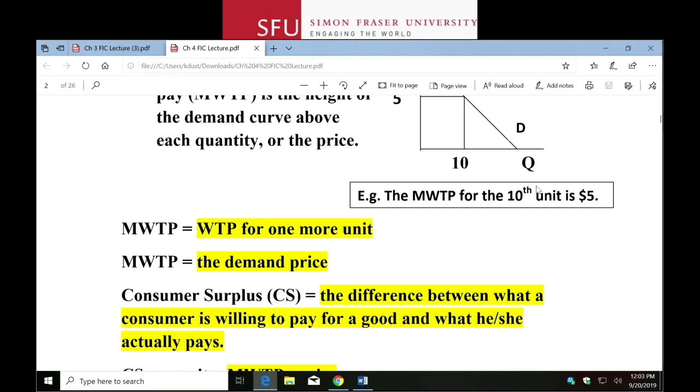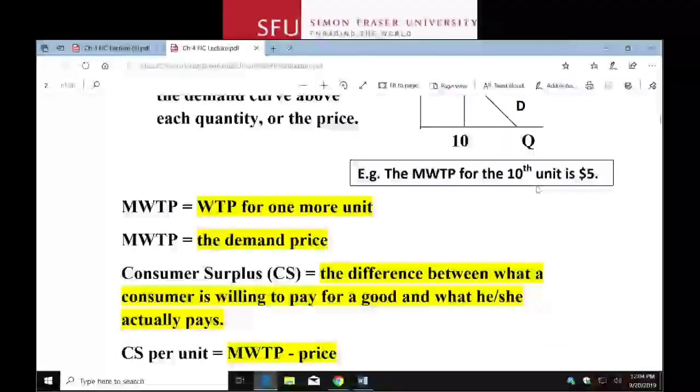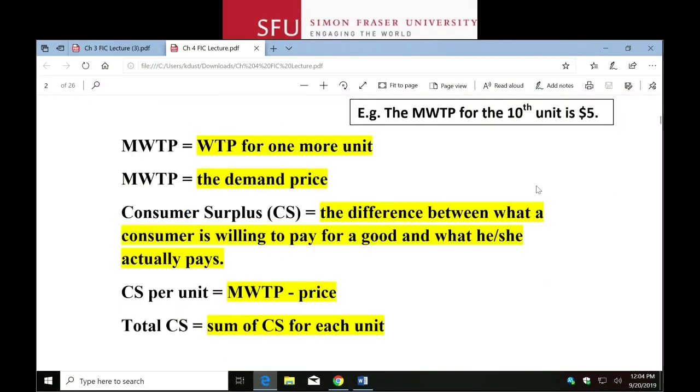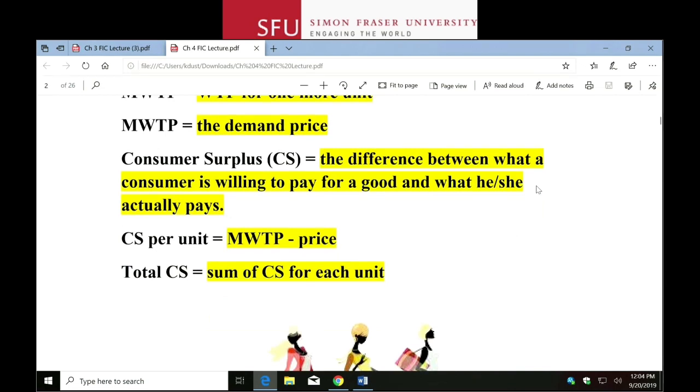So per unit, your consumer surplus is your marginal willingness to pay minus the price, and when you buy more than one unit, it would be the sum.